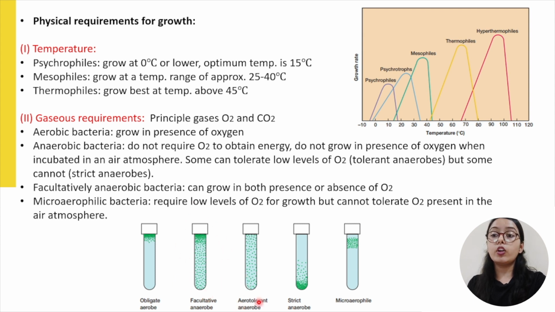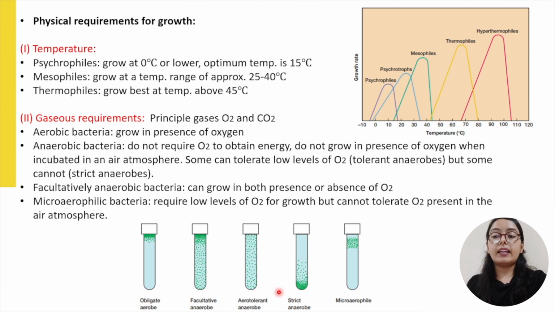Next is the aerotolerant anaerobes. It means they can tolerate the oxygen. So again they are also present all over the nutritional medium. Now strict anaerobes. As we discussed, strict anaerobes cannot tolerate any kind of oxygen.